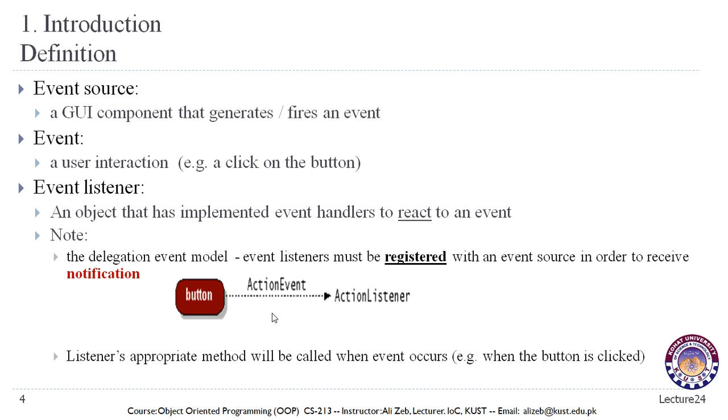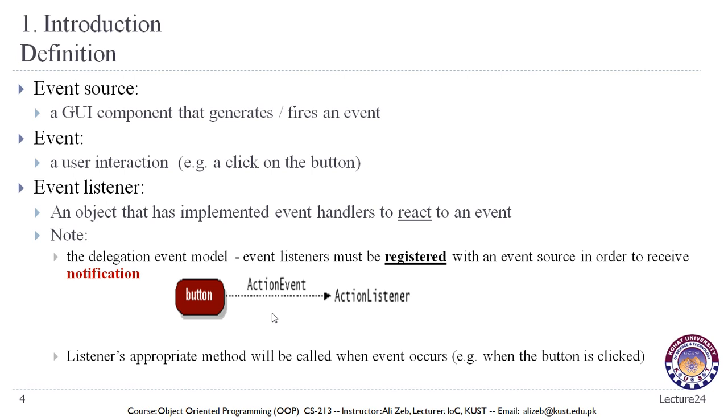For example, when we developed a graphical user interface for a calculator, the appropriate action for a plus button was: when we click on the plus button, the content on the display should disappear, and the number should be stored in a local variable, and it should allow us to enter another number.